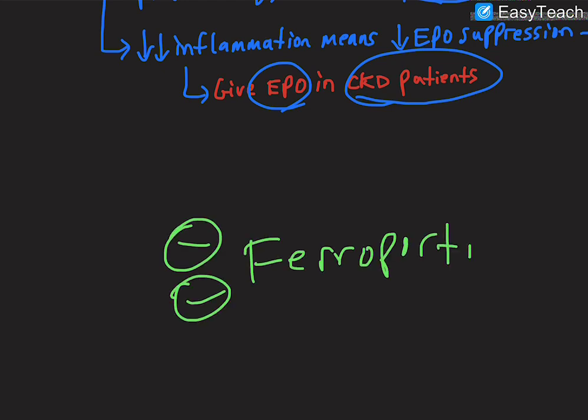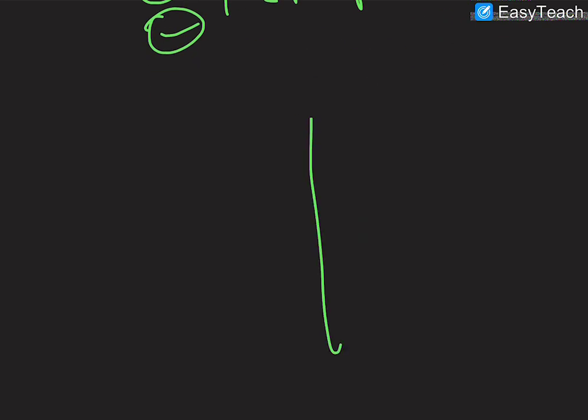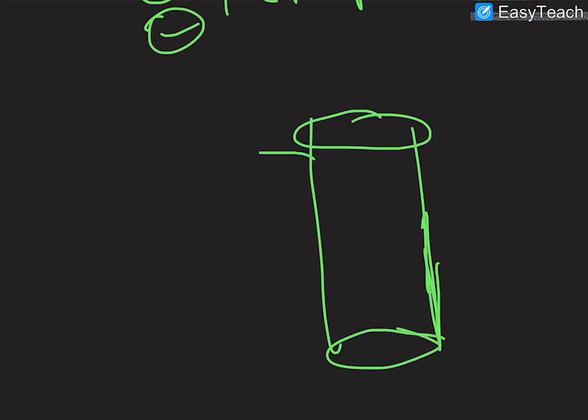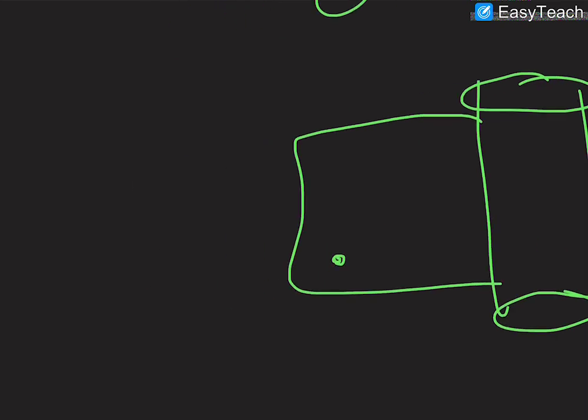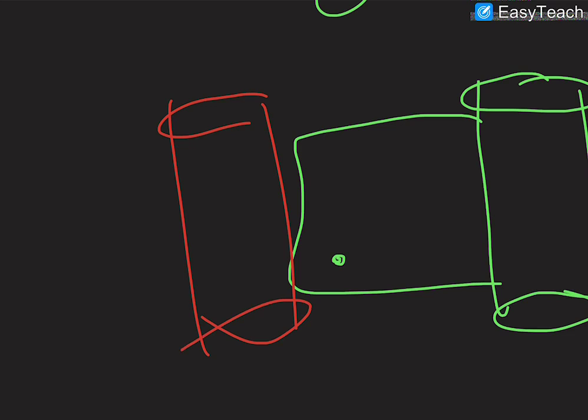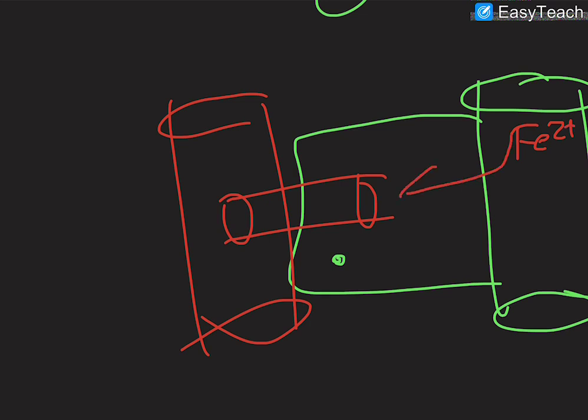So if you give oral iron, remember, this is the lumen of your intestine. If you just draw it real quick, this is a zoomed-up enterocyte, and then this is your bloodstream. Right here is where ferroportin is, because iron comes in, gets absorbed through a divalent metal transporter, DMT1, and then it gets brought into your blood via ferroportin.